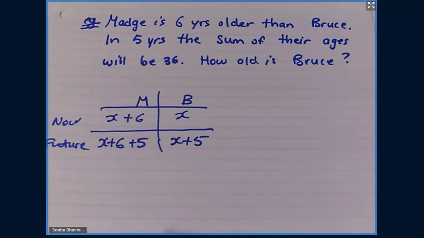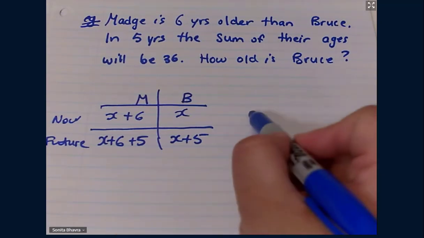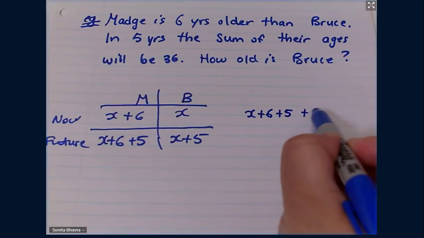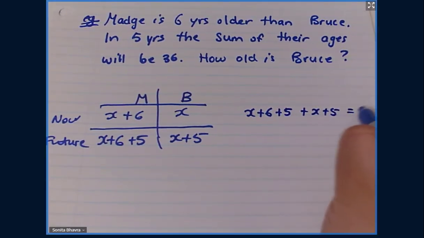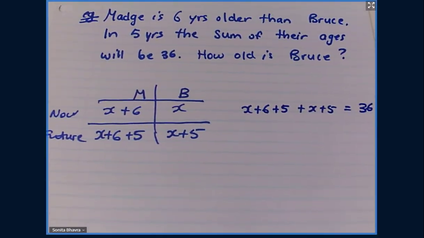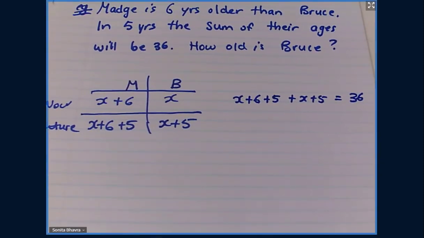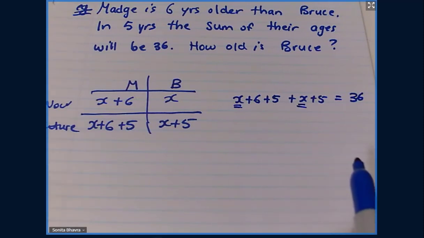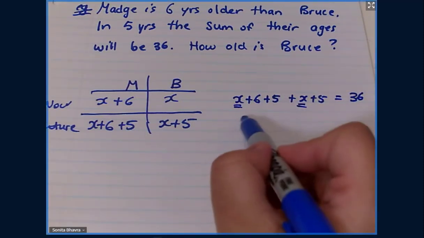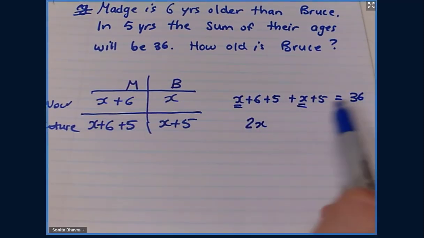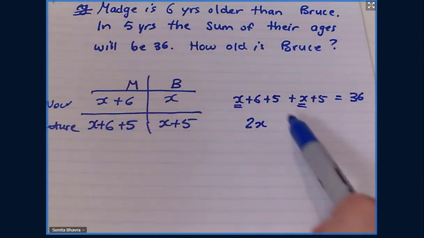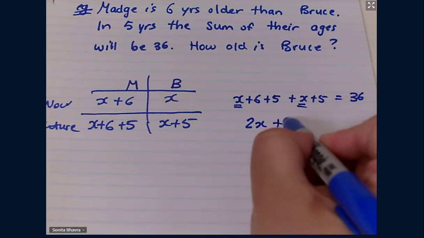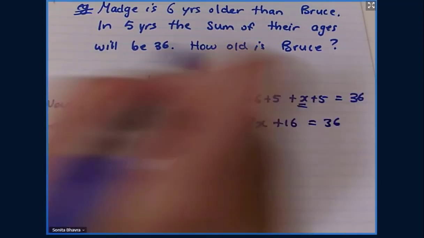So x plus 6 plus 5 plus x plus 5 is equal to 36. And then collect your like terms. So 2x, and then 5 plus 5 plus 6, that's 16, equals 36.